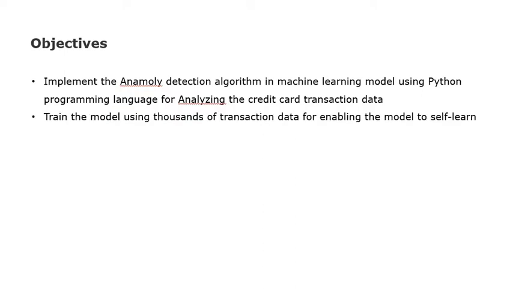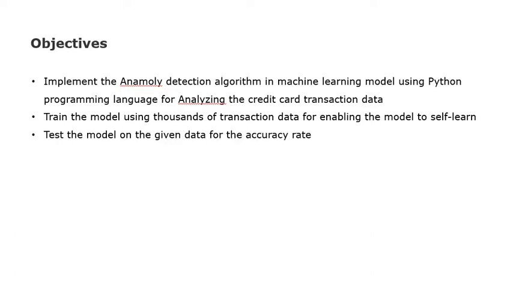The second thing is that we will have to train our model using thousands of transaction records so that it can automatically detect whether a new transaction is fraudulent or not. For training the model, we need thousands of existing transaction records. Where do we get that? I'll tell you later on.